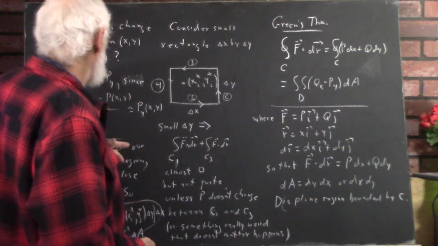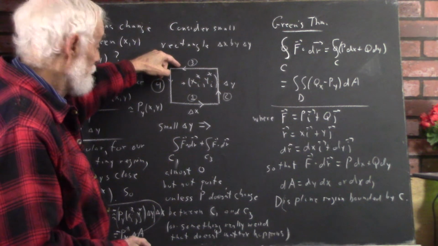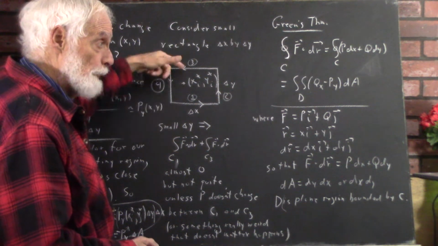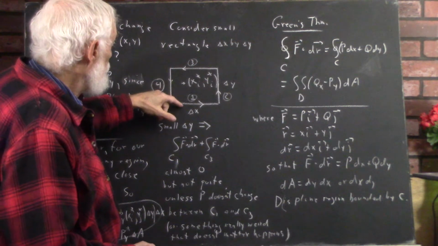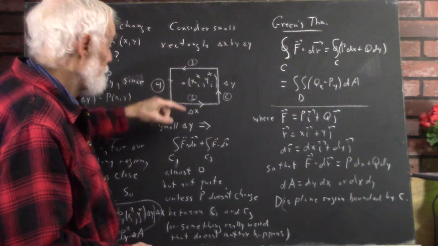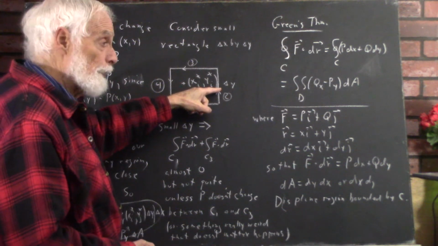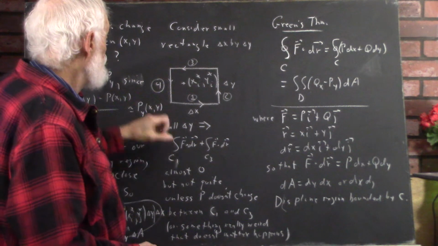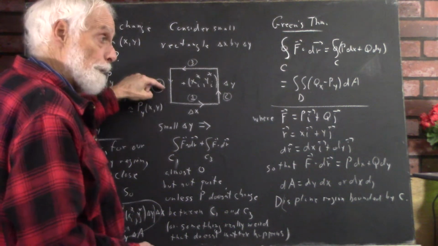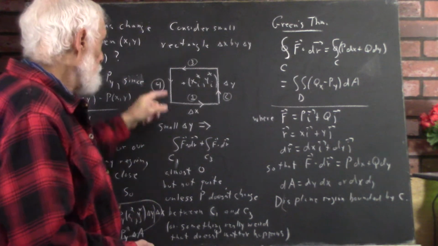A positive P y would imply a greater value up here. Of course, a negative P y, a lesser value. But a positive P y would give us a greater value up here than down here. Here, a positive Q x would give us a greater value here than here, because, of course, this is the direction of increasing x.